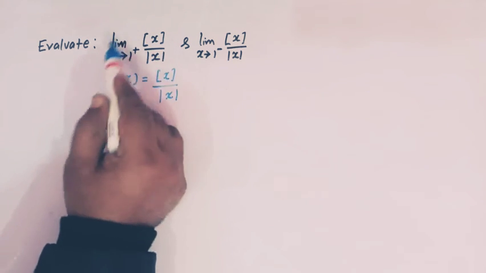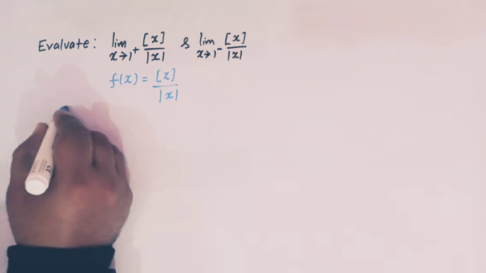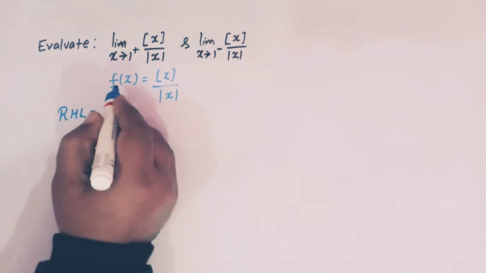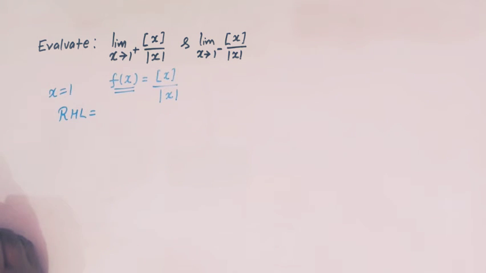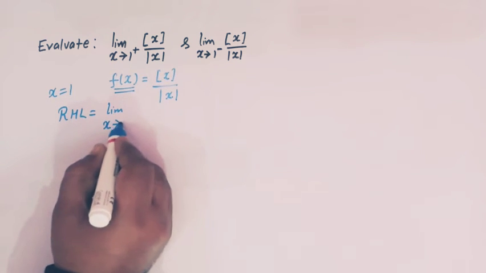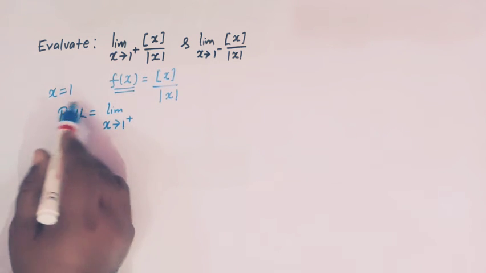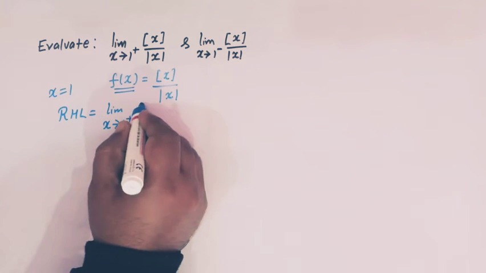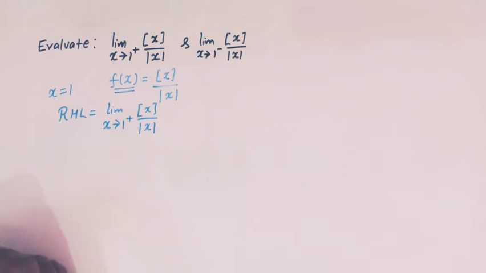In the first case we have to find the right hand limit of this function at x equal to 1. So we have limit x tends to 1 plus, where the positive sign denotes the right hand limit, and here we have greatest integer x over absolute value of x.